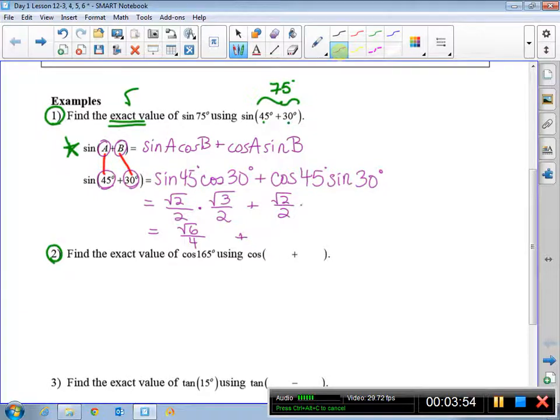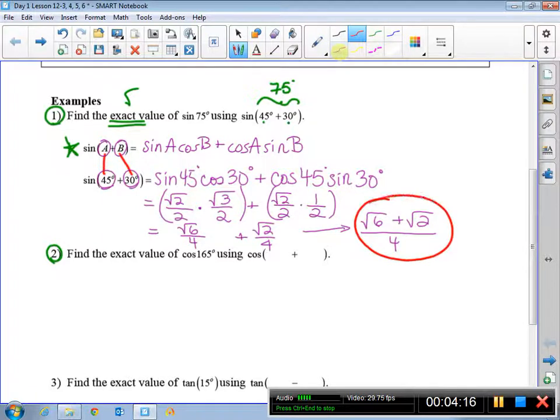The sine of 30 is 1/2. And I'm multiplying those. So I did those, these. Radical 2 over 4. And I'm adding these. And that gives me the square root of 6 plus the square root of 2 all over 4. Of course, I can't combine the square root of 6 and the square root of 2. That's your final answer. That is the value of the sine of 75.